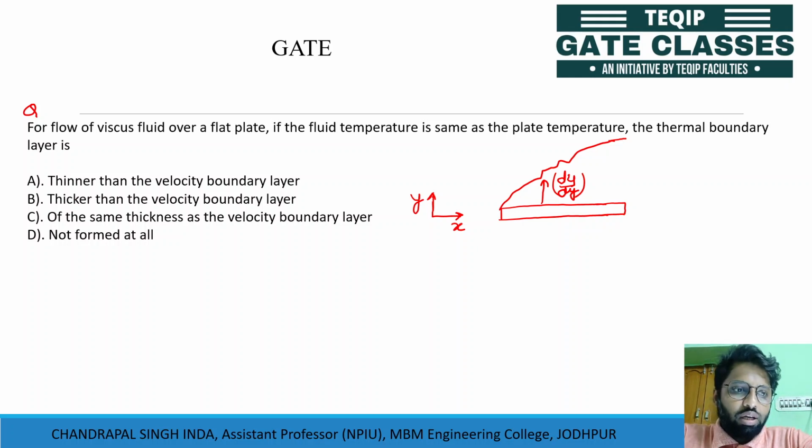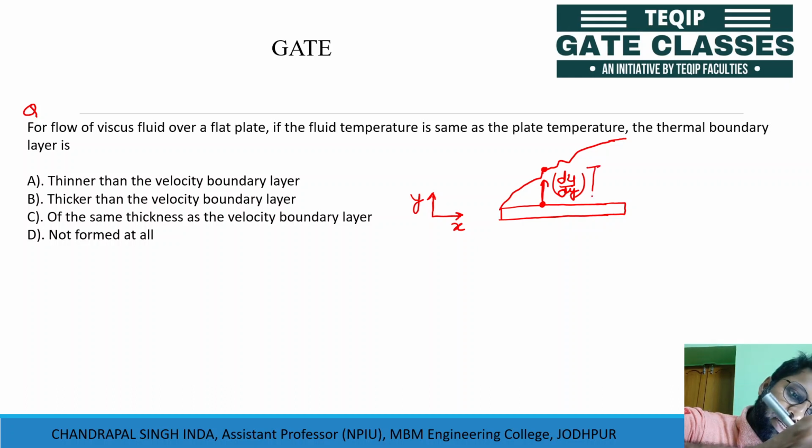Similarly, for the thermal boundary layer, there will be a temperature gradient in the normal direction of the fluid flow. The velocity increases from the surface to the boundary layer edge, and this is treated as the boundary layer thickness delta.